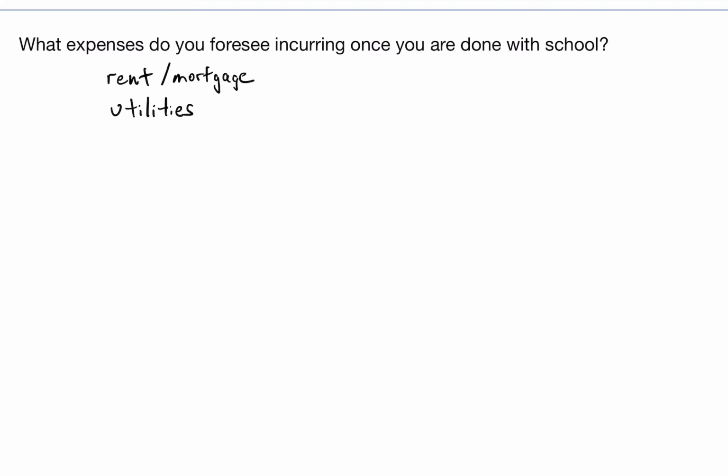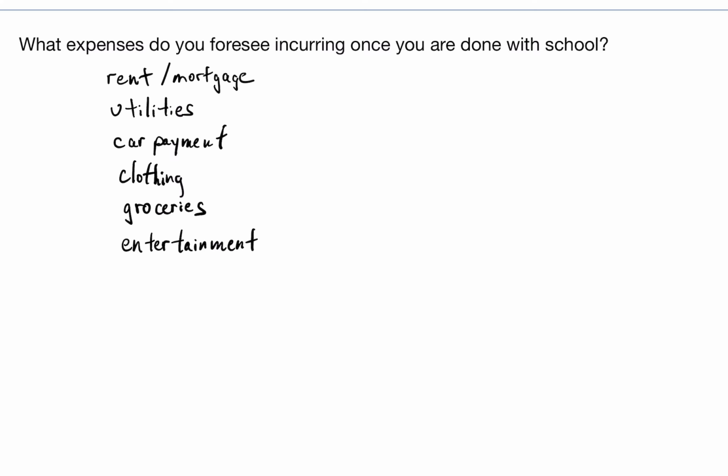Other expenses might be, for example, car payment, clothing, especially when you're getting a new job, food, so we're going to say groceries. And we have entertainment, because we can't be working all the time and we probably want to go out and enjoy things in life.